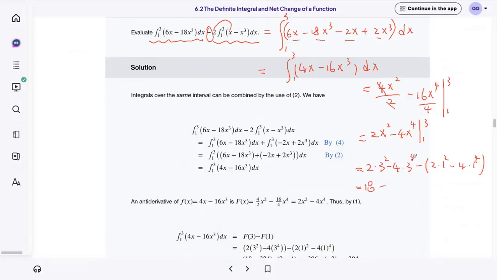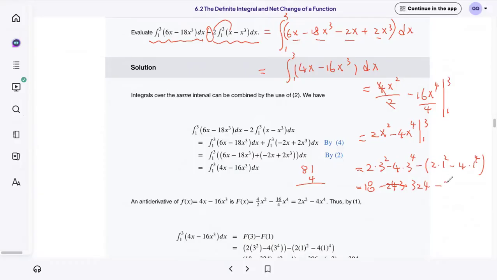3 raised to 4, 3 squared is 9, 9 times 9, 81. 81 times 4, 243, right? No, this is wrong. 81 times 4, so that's 324.